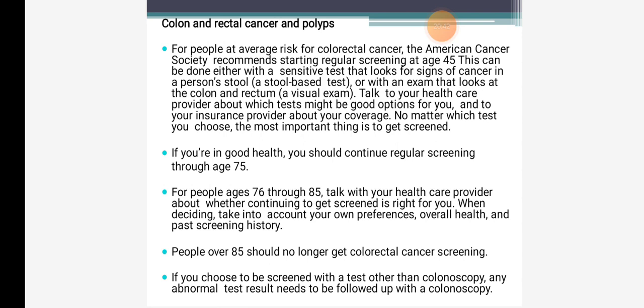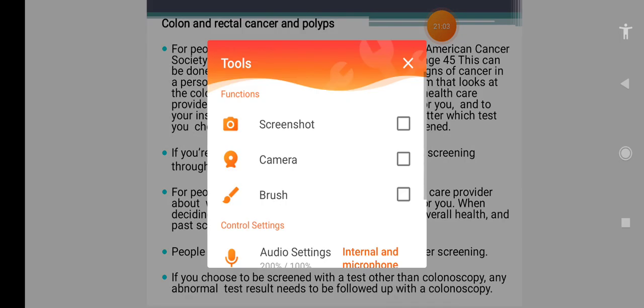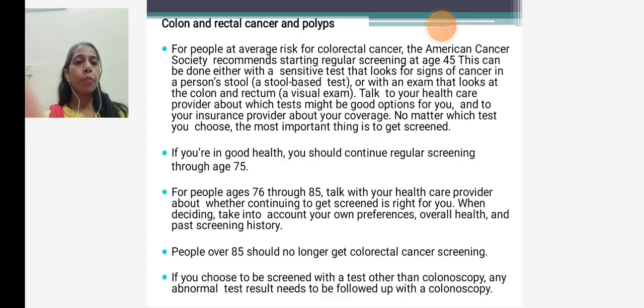People over the age of 85 should no longer get colorectal cancer screening. And if you choose to be screened with a test other than colonoscopy, then any abnormal test result needs to be followed up with a colonoscopy.